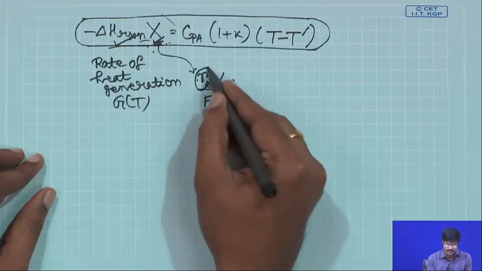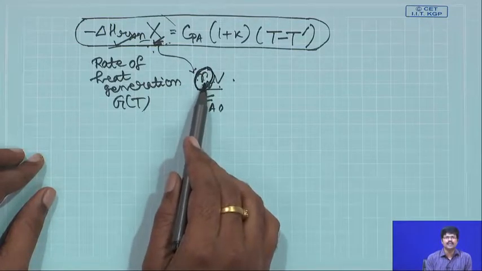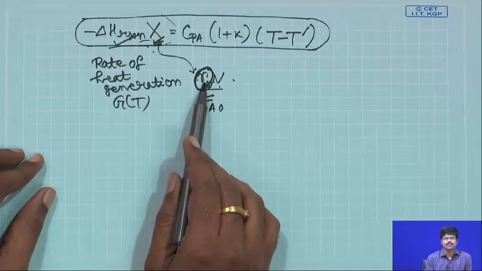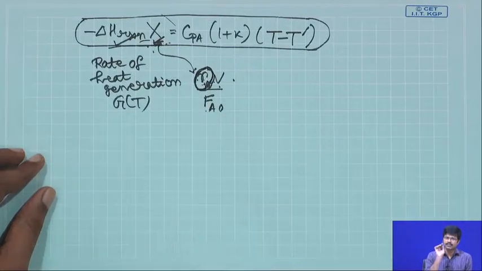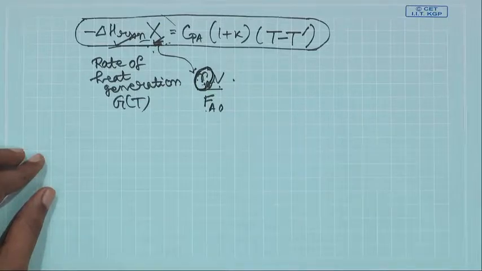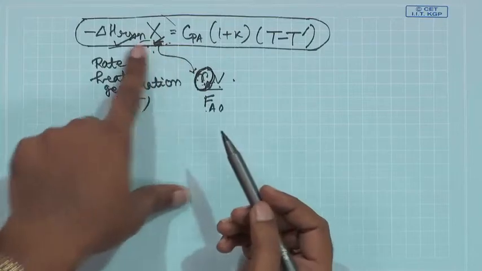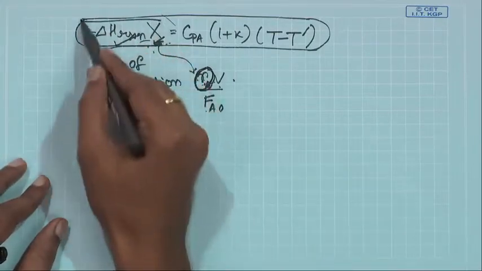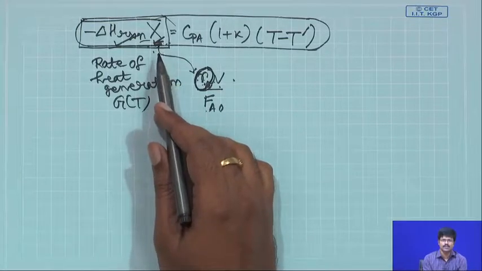Now, this rate RA contains the temperature term, because the rate constant equals the Arrhenius factor into exponential of minus activation energy divided by RT. The temperature term comes in there. So, that is the dependence on temperature that you get. What you can do is find out this term as a function of temperature.